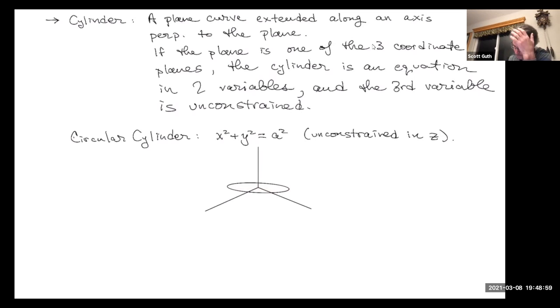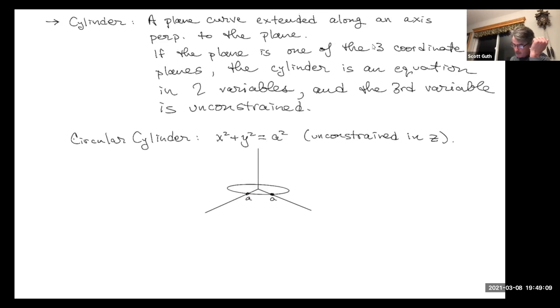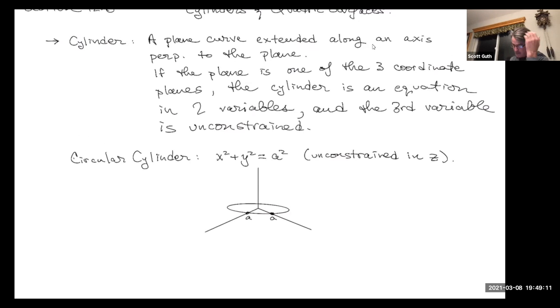And then if it's x squared plus y squared equals a squared, then it's just a circle of radius a. But then again, when I say it's unconstrained in Z, that means that that circle can be projected up. I have a correction to do on this real quick. Just very briefly, I want to snap it so it's horizontal.